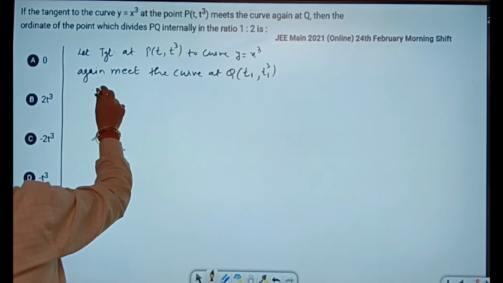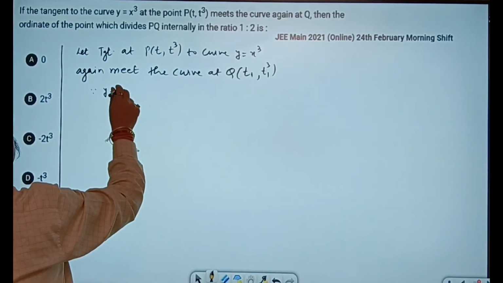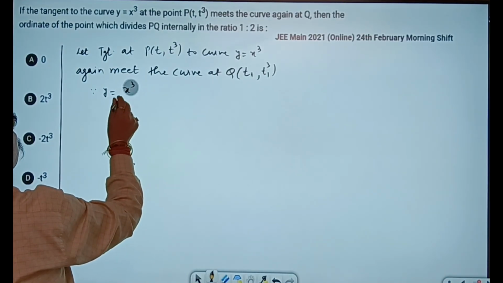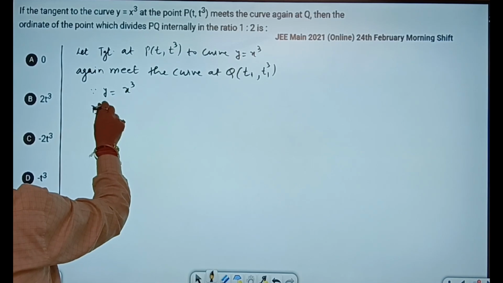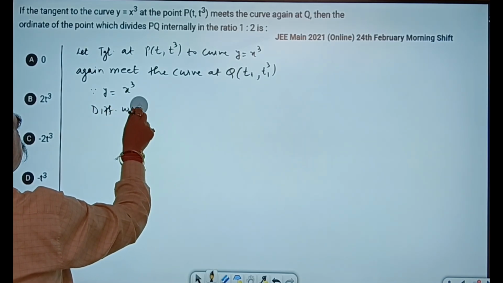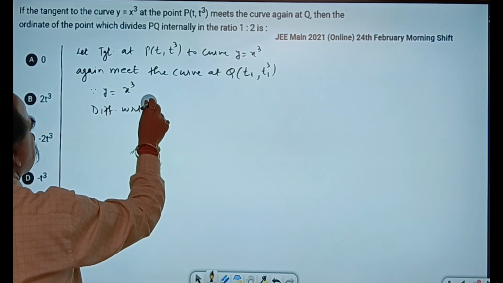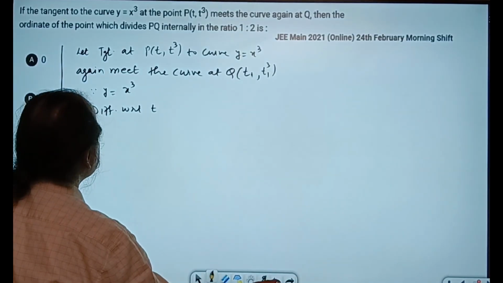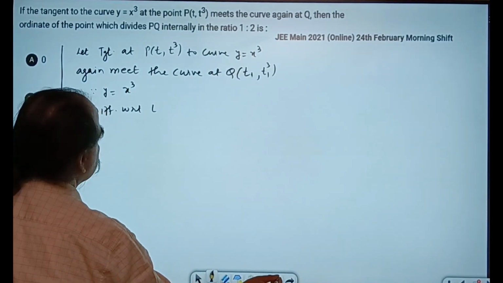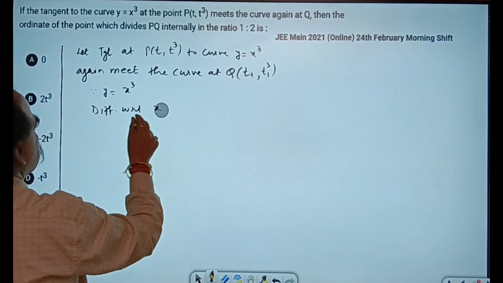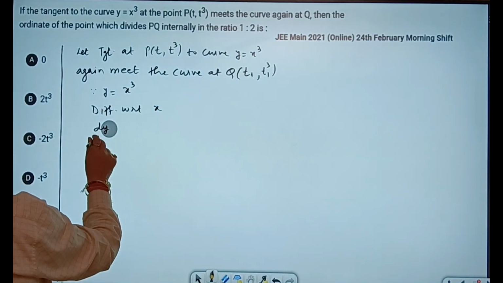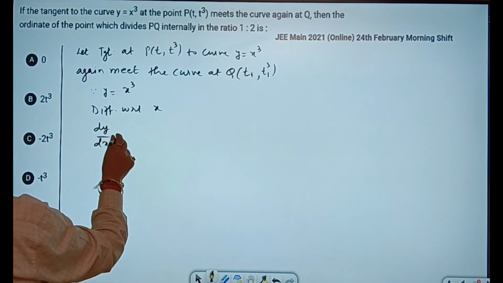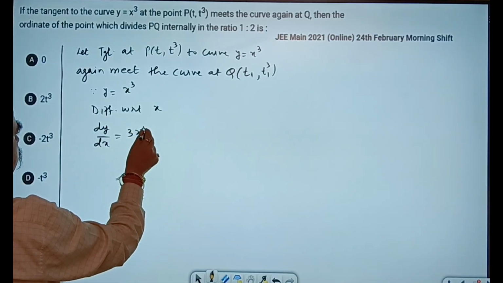Since y is equal to x cube, differentiating with respect to x, dy by dx is 3x square.